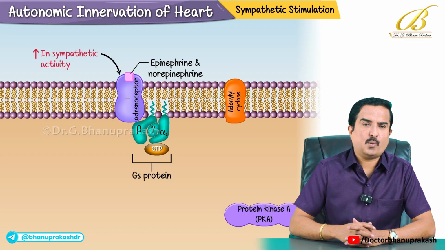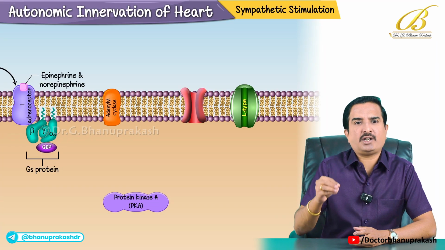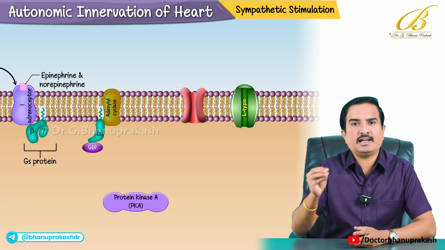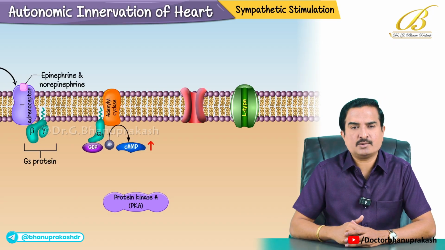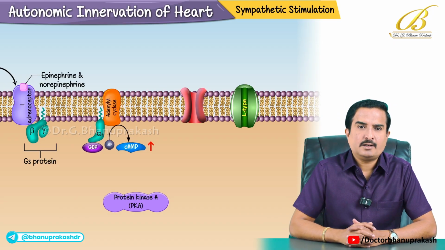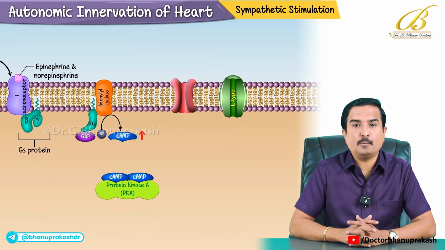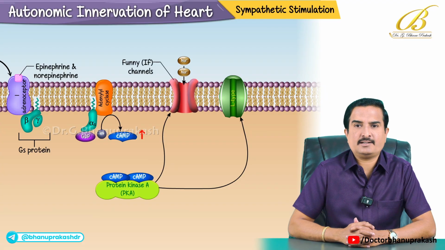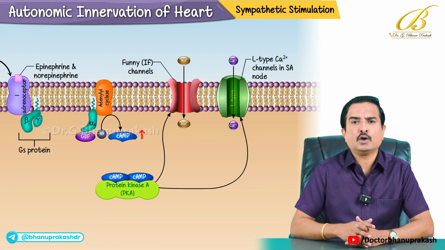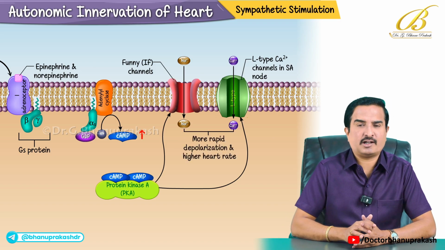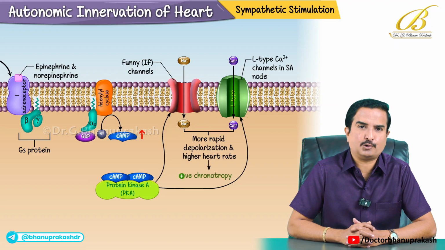Whenever the receptors are activated, the Gs protein activates adenylyl cyclase, which boosts the cyclic AMP level. Increased cyclic AMP enhances the opening of funny channels and L-type calcium channels in the SA node, causing more rapid depolarization and a higher heart rate, which is the positive chronotropy.